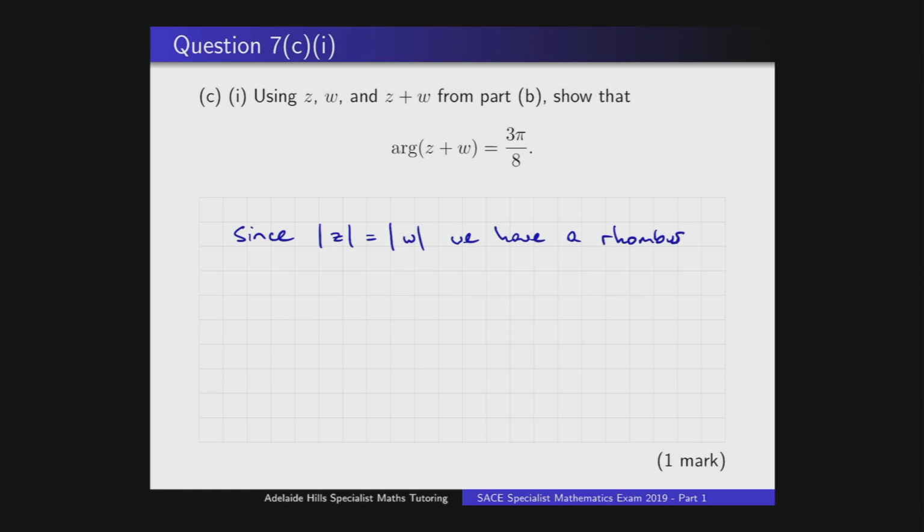So the parallelogram that we completed on the Argand diagram is actually a rhombus, where all the sides are the same length. And when you draw a diagonal, the diagonal bisects the angle in the rhombus.